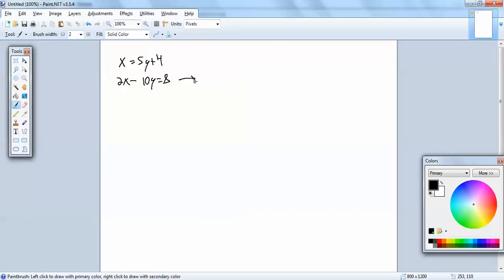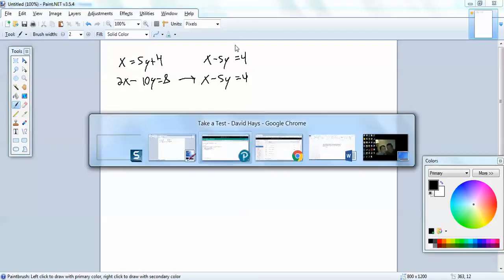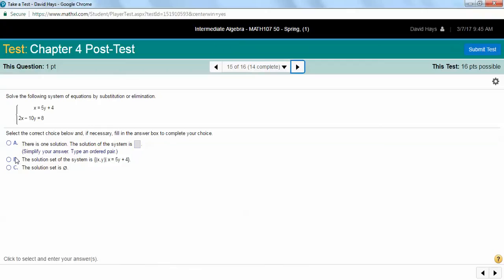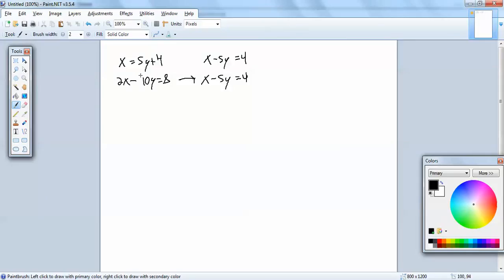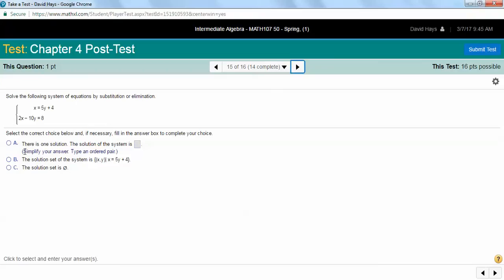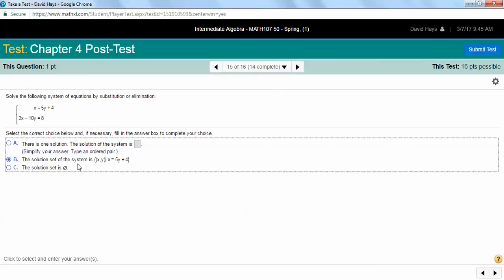Now if I divide everything by 2 here, I'd have x minus 5y is equal to 4. If I took the 5y over here, I'd have x minus 5y is equal to 4. They're the same equation, aren't they? That would tell us that the solution set is empty set means there's no solution. But this means no matter what you put in for x and y is true. So this is the infinite solutions, even though they don't say infinite solutions.